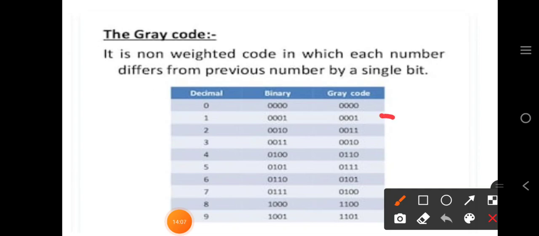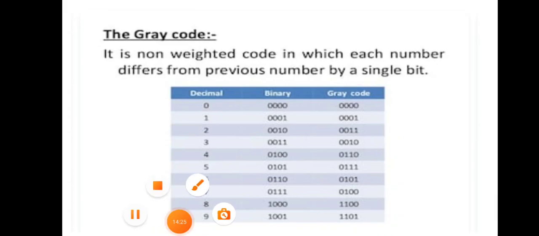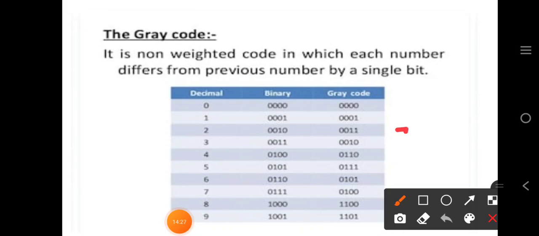Now the second and third are 0001 and 0011. Here the first two bits and the last one are the same, only the third bit differs. So in this also there is a difference of a single bit. Now if we see 3 and 4, here 0011 and 0010, the first three bits are not changed, only the last one is changed from 1 to 0.